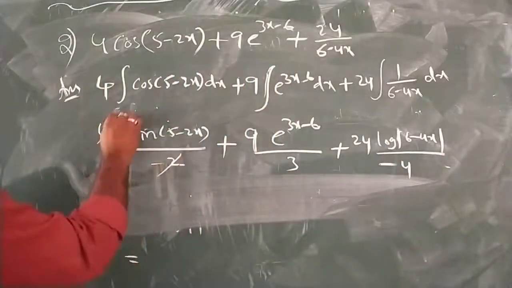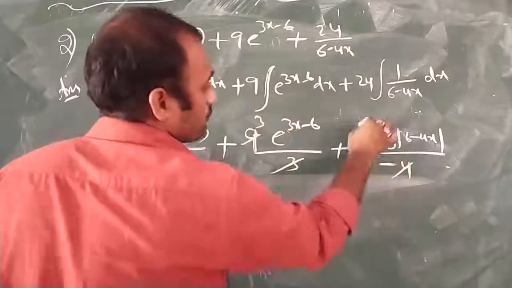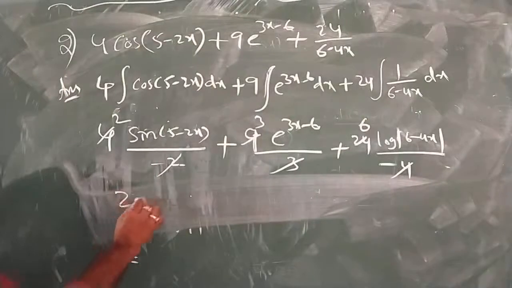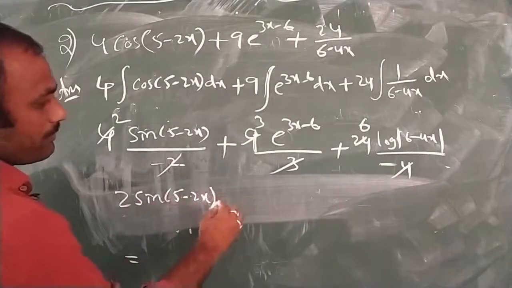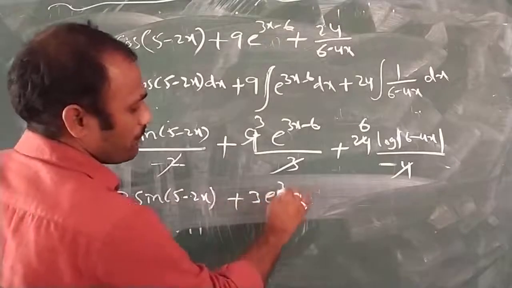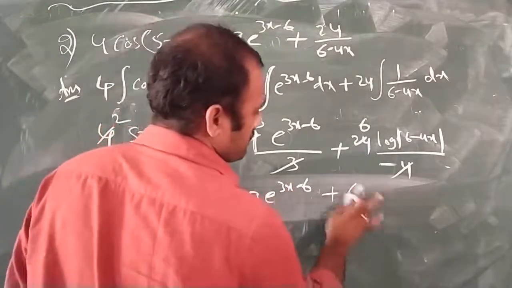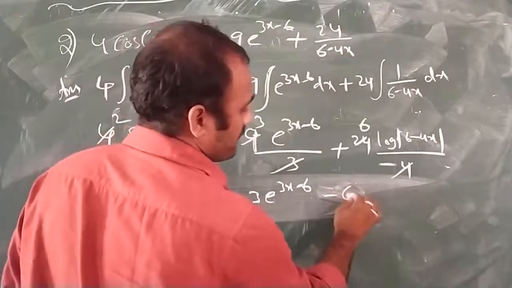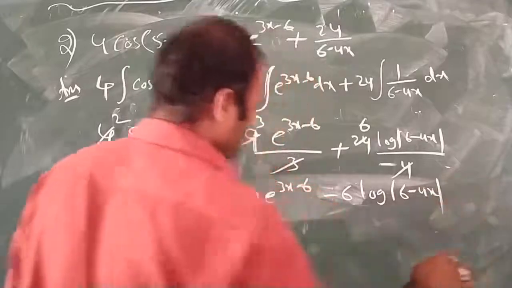So 2 ones are 2, 2 twos, here 3 ones, 3 threes, 4 ones, 4 sixes. So the answer will be 2 of sine (5 minus 2x) plus 3 into e to the power of (3x minus 6) plus 6 minus 6 log of (6 minus 4x) plus c.